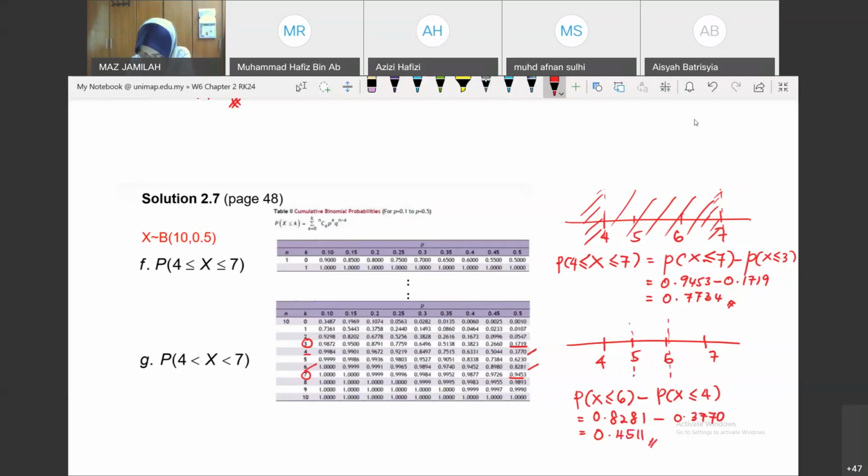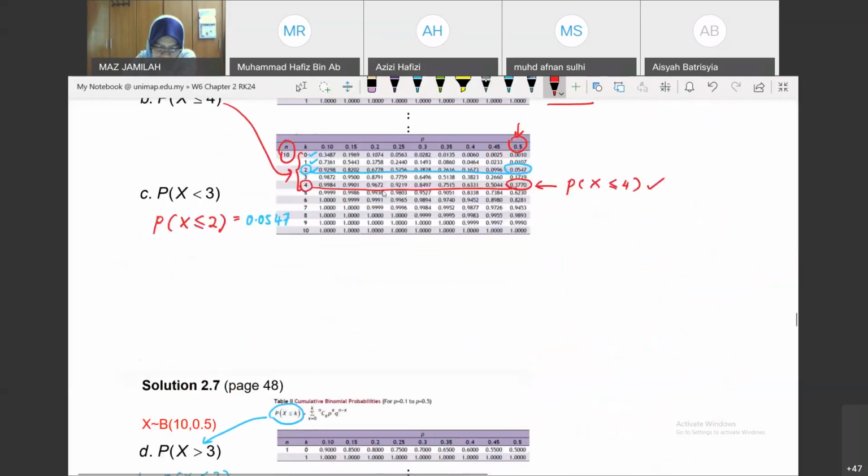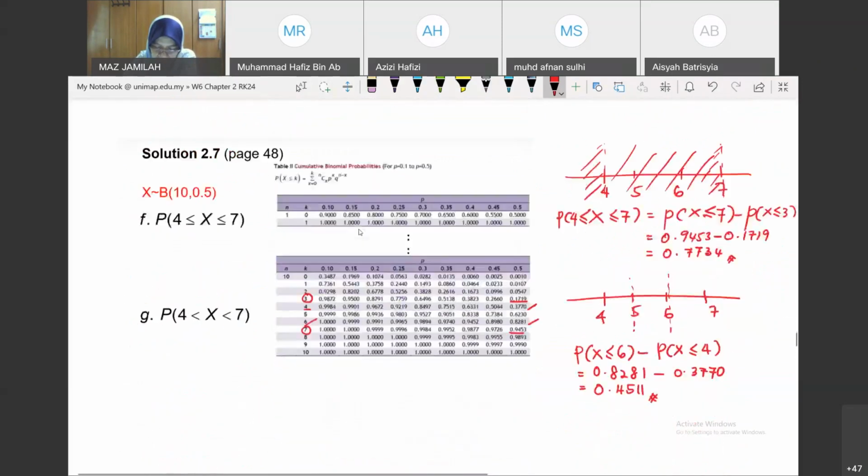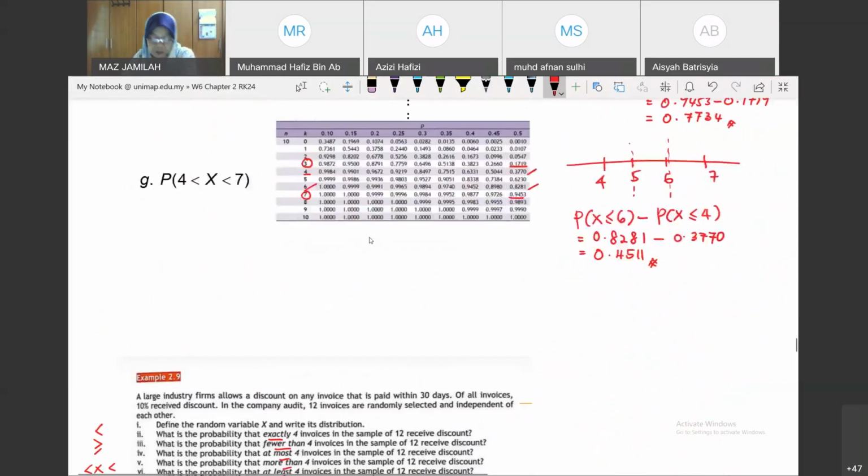Okay, so that's how we can use our probability distribution table in helping out on the calculation of your probability value for certain random variable value of x.